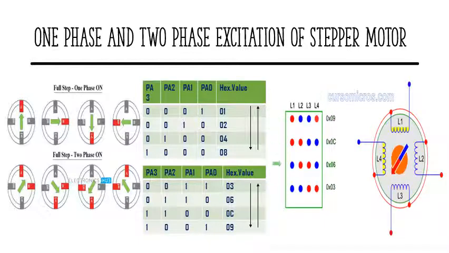So, it is also called high torque excitation. The tables for one-phase excitation and two-phase excitation also list the corresponding hexadecimal byte values to be given to the ports, assuming the higher order 4 bits to be 0.